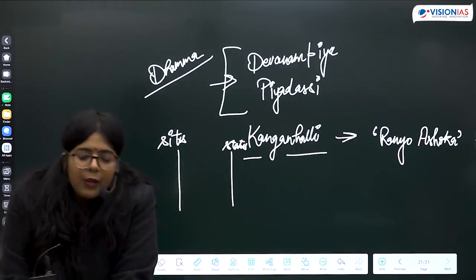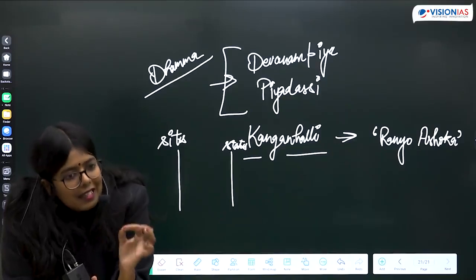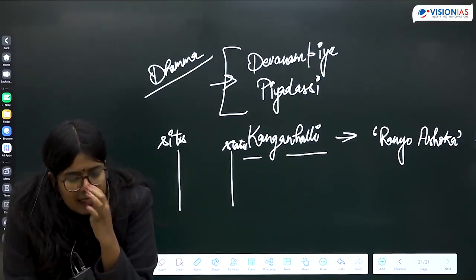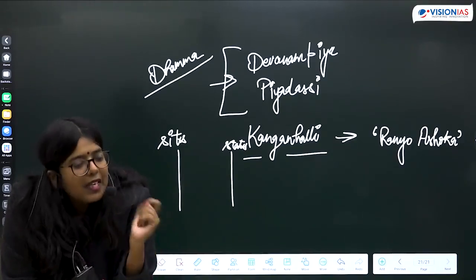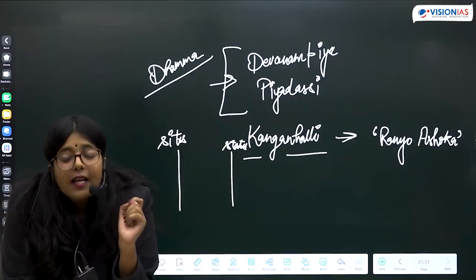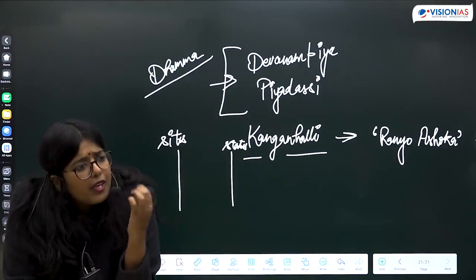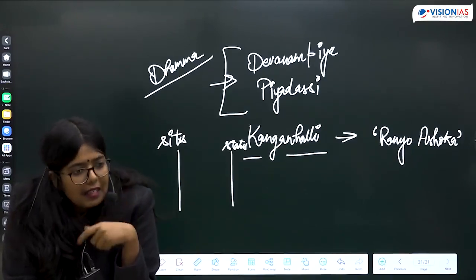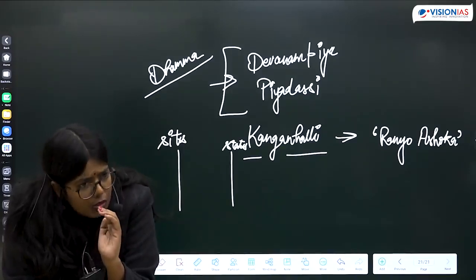Now, when we are looking at what Ashok has done in the religious aspect, because the name of Ashok has been related with spreading Buddhism in various parts of the subcontinent. Okay, so what is he doing in that context? He is erecting a lot of stupas.